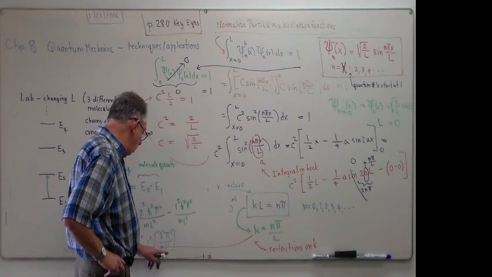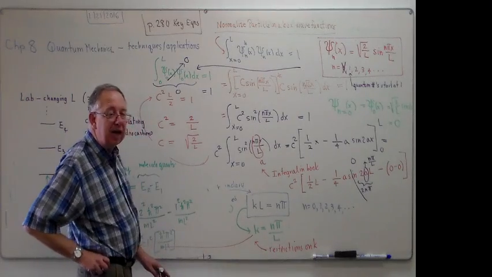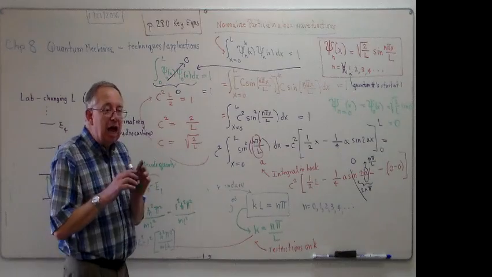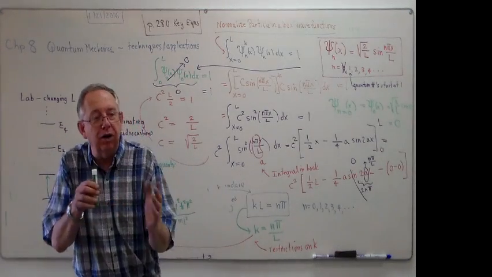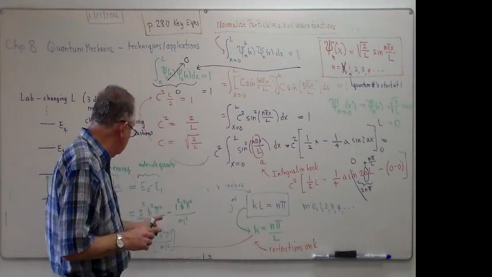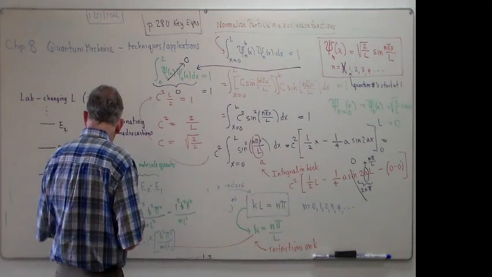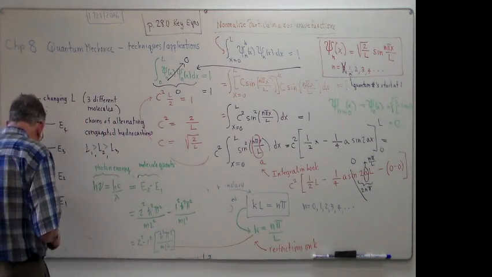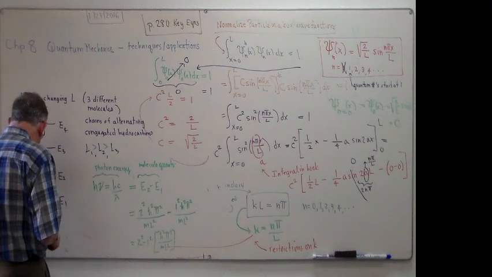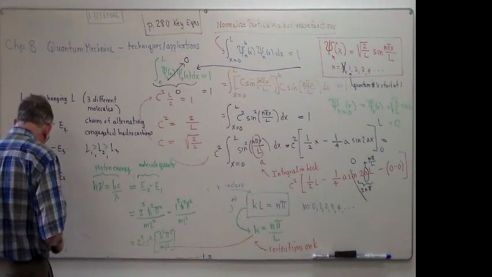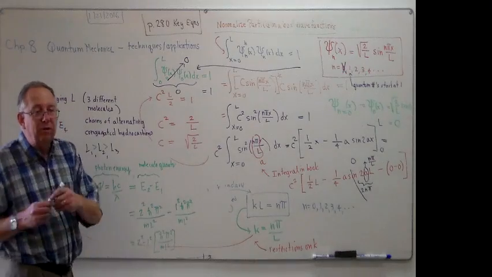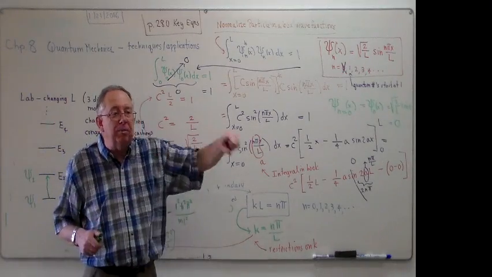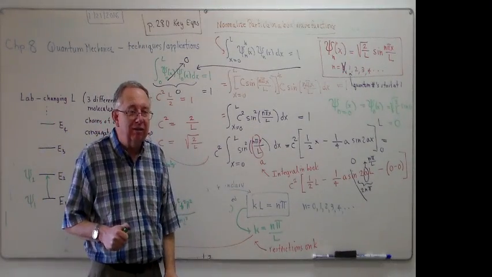But as L gets bigger, everything else is the same. And the absorption band corresponds to going from state 1 to state 2. And what the light is doing is converting you from wave function 1 to wave function 2. So you're going from one matter wave to another matter wave of higher energy.